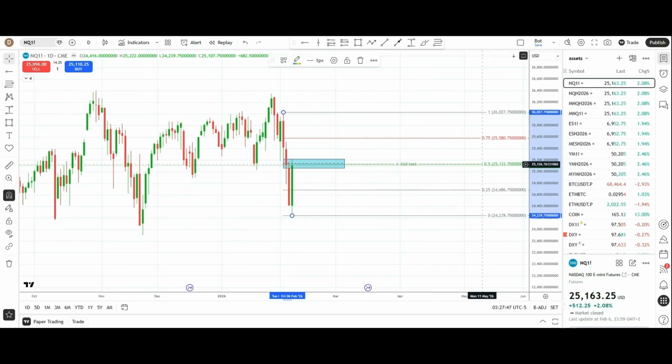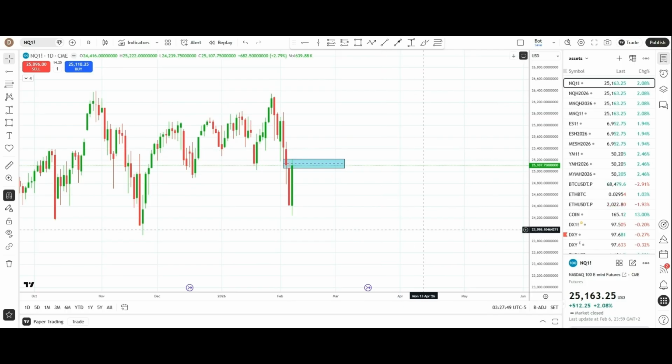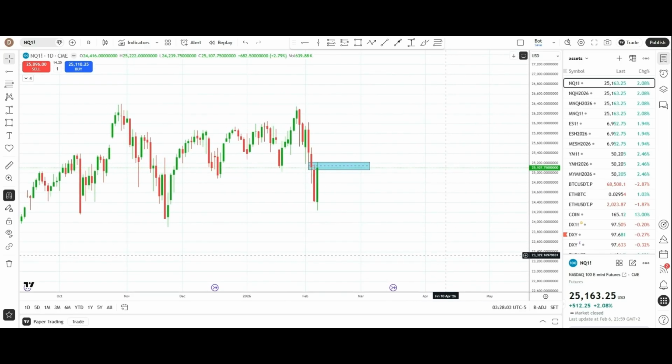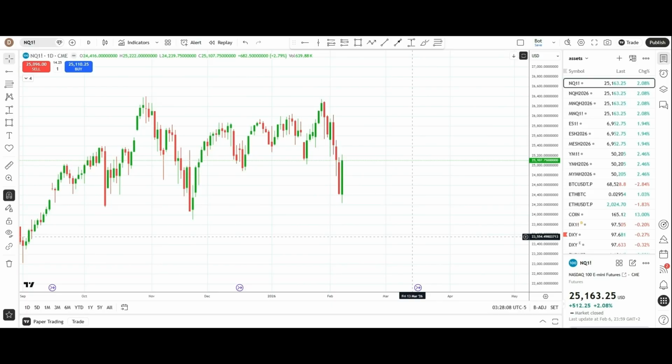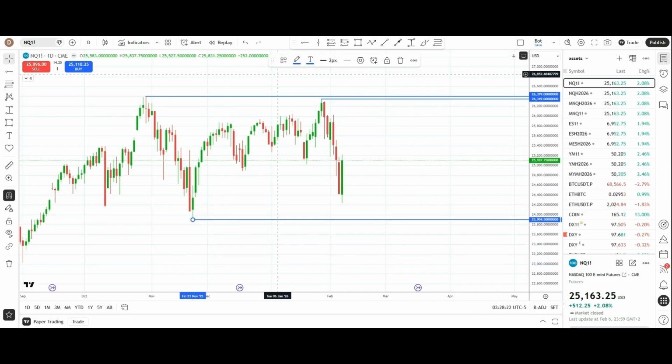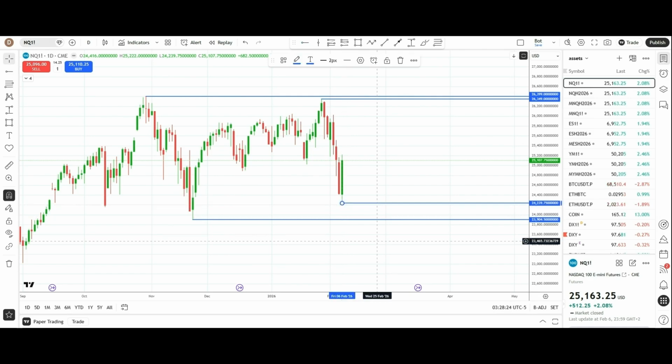We'll see how the price will react further when we open the market on Monday, actually on Sunday afternoon. For now, I will refrain from trying to predict anything, because we are now in an area which makes predictions very difficult. So look here. We have relative equal highs over here. We have relative equal lows down below.